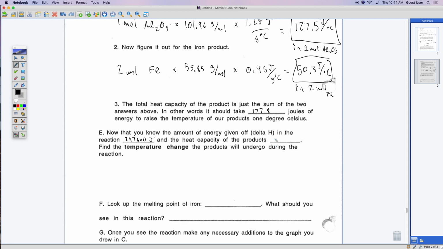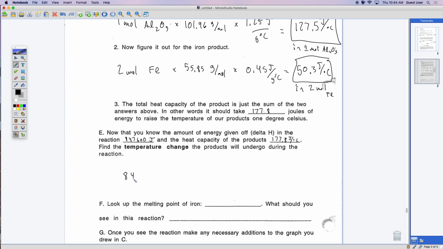And with this one, our heat capacity, we're just going to pull down from here, that's 177.8 joule per degree C. So I want you to tell me what the temperature change is going to be. Use these two values, tell me a temperature change. All right, pause the video, do the math.